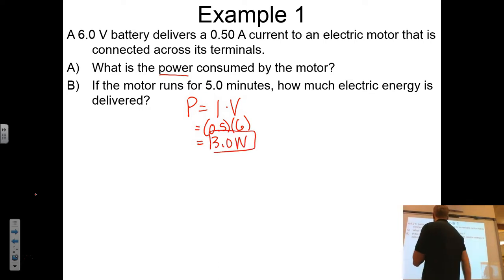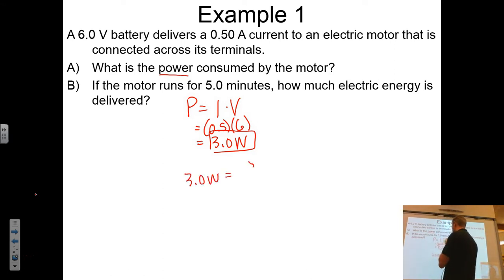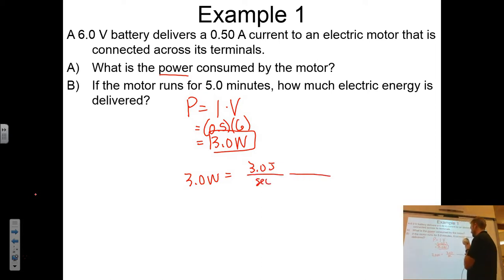If the motor runs for 5 minutes, 3.0 watts is 3.0 joules per second. That's what a watt is. And we run this thing for 5 minutes, which is 5 times 60 or 300, and you take 300 times 3, that's 900 joules that we're going through.